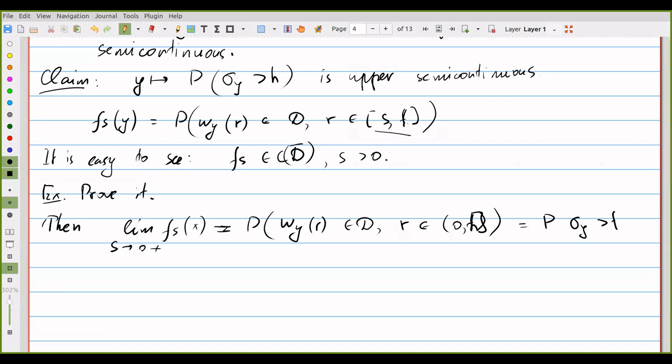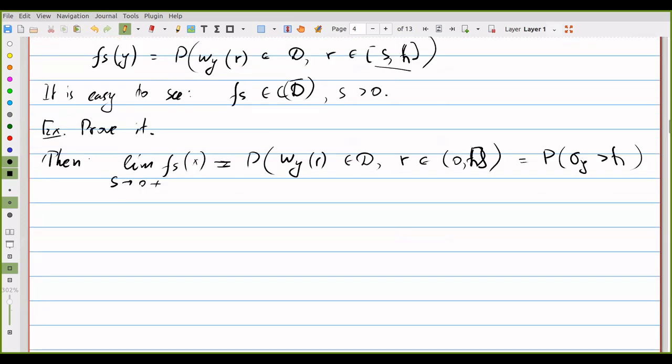I need h everywhere. And the functions f_s decrease because the probability becomes smaller and smaller.